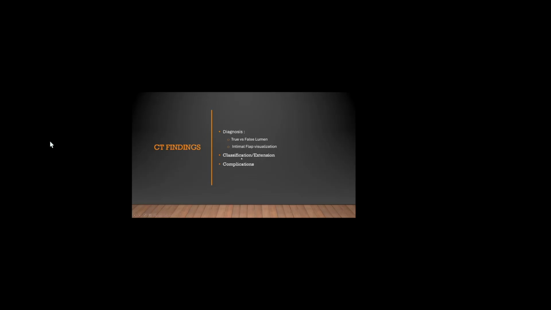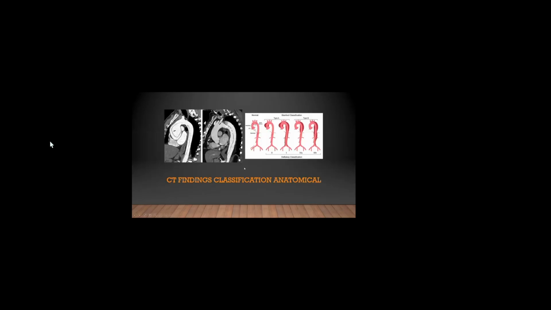And why is it important to classify? Because the classification would decide the management later on. It can check on complications. So on one side, of course, after providing the diagnosis and detecting the flap, it can tell you whether this dissection flap is in the ascending, which is type A, or in the descending, which is type B, or now there has been recently a new diagnosis of non-A, non-B dissections.